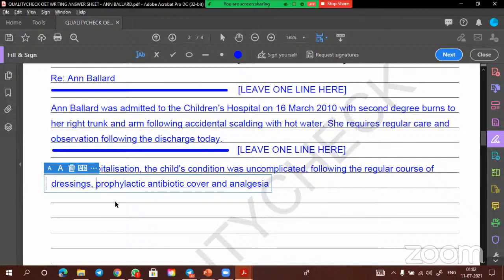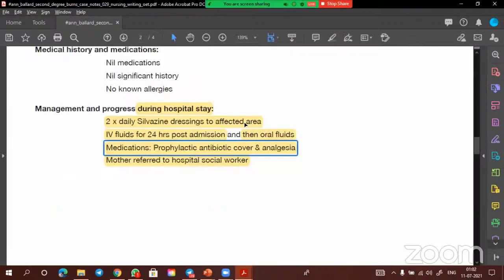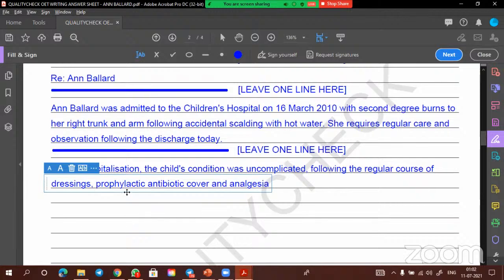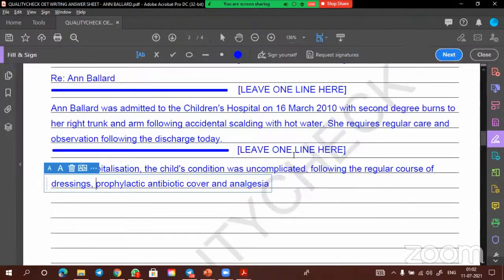So following the regular course of dressings to the area, burnt area, infected area, or whatever it is, affected area, yes, burnt area. Okay, prophylactic antibiotic cover and analgesia.